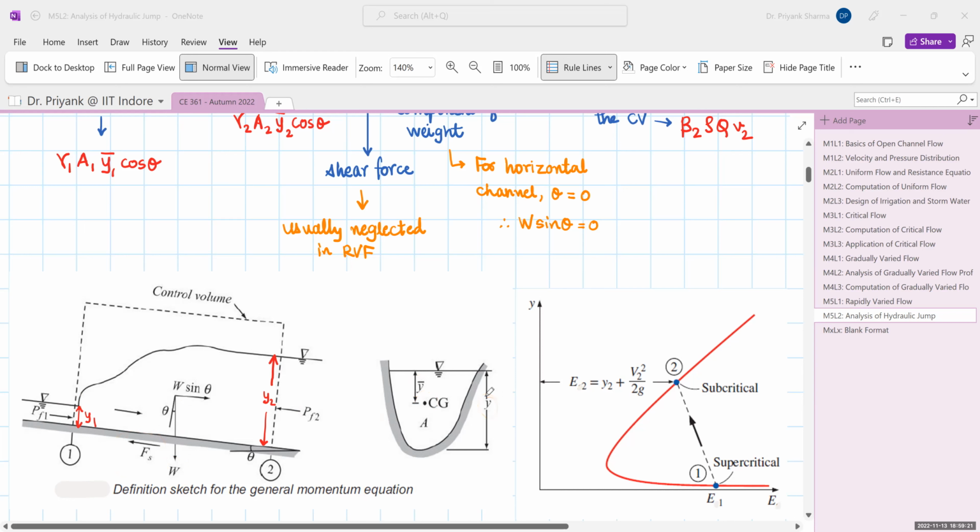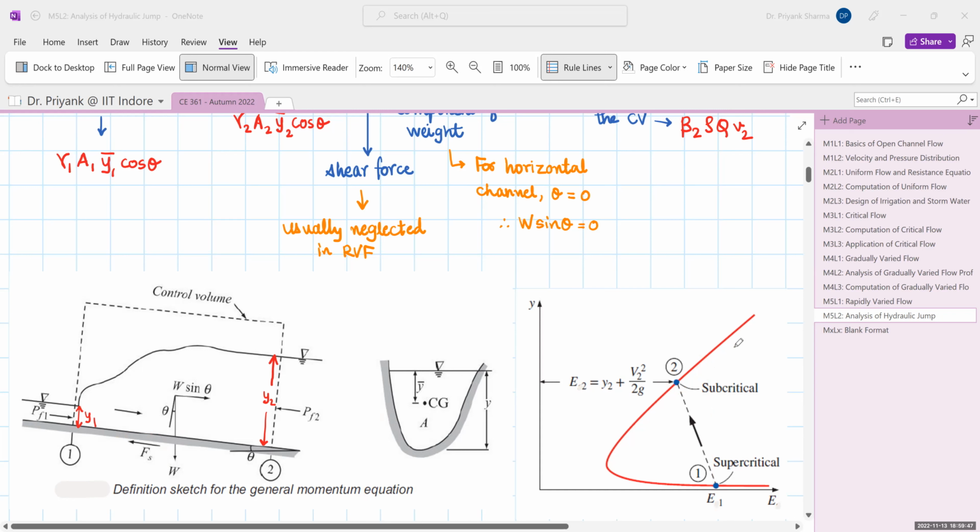Your initial y1 corresponds to E1, which is y1 plus v1 square by 2g, and the y2 here corresponds to E2. Now you may wonder that for the same E1 you may get y1 and y2. That particular depth y2 dash, I'll call an alternate depth.